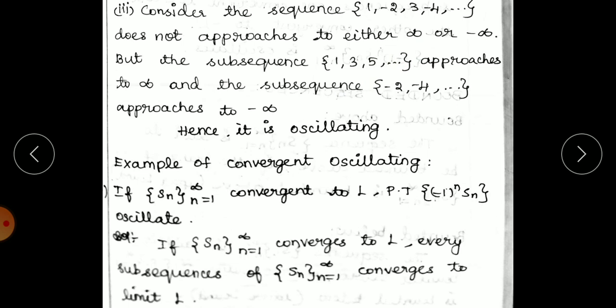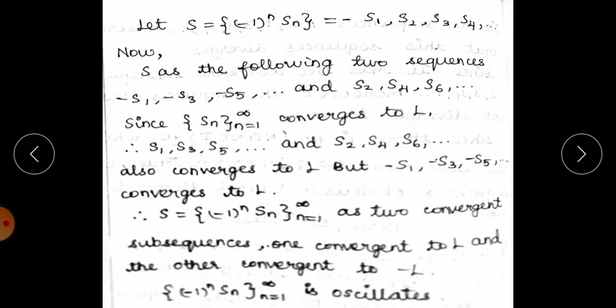If Sn converges to L, every subsequence of Sn converges to limit L. Now let us take S equal to (-1)^n Sn. This can be written as -S1, S2, -S3, S4 and so on. Now S has the following two subsequences: -S1, -S3, -S5 and so on, as well as the positive values S2, S4, and so on. Sn converges to L, the given limit.